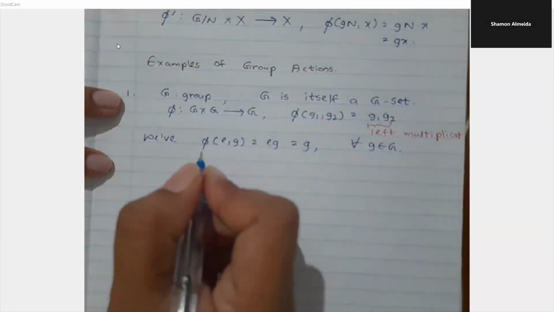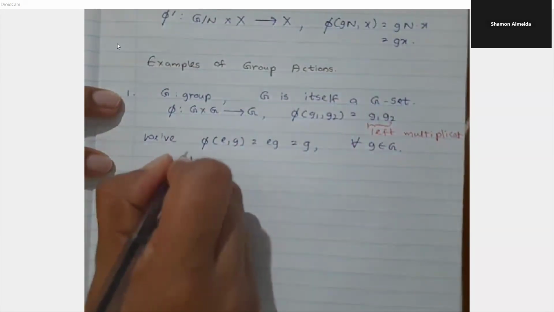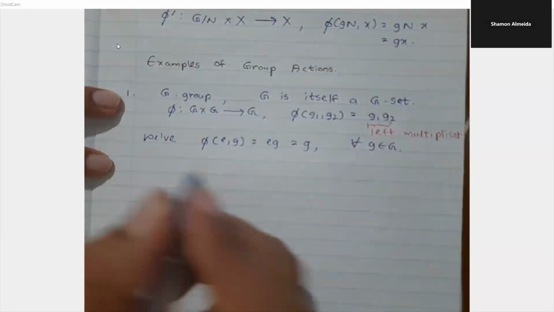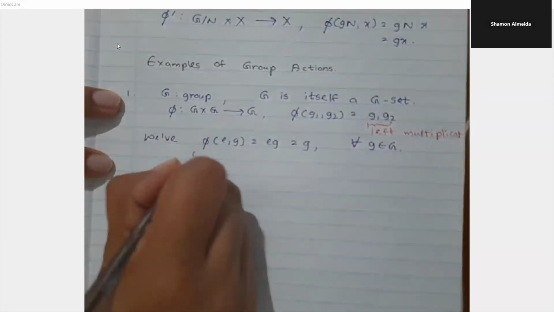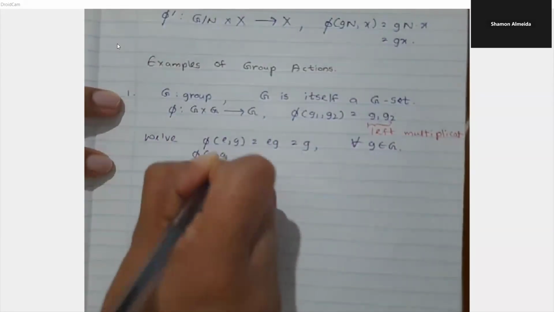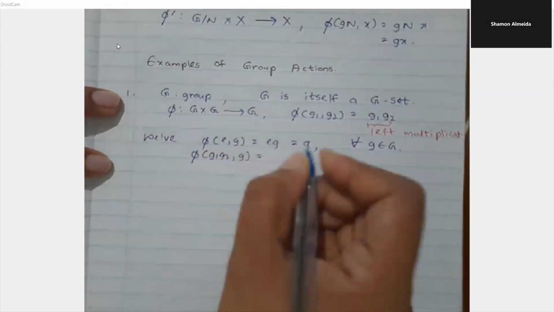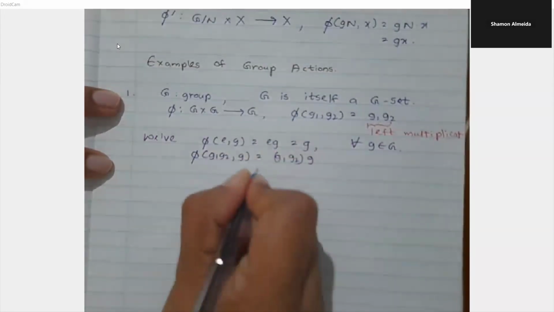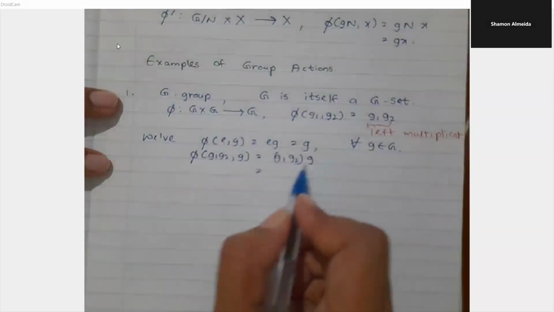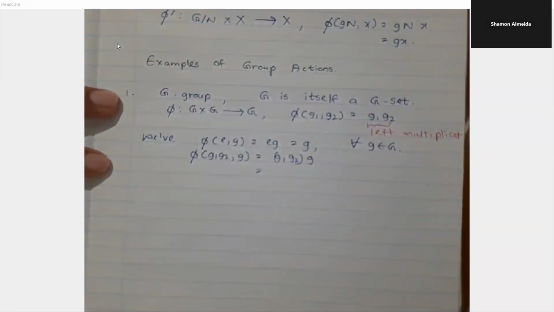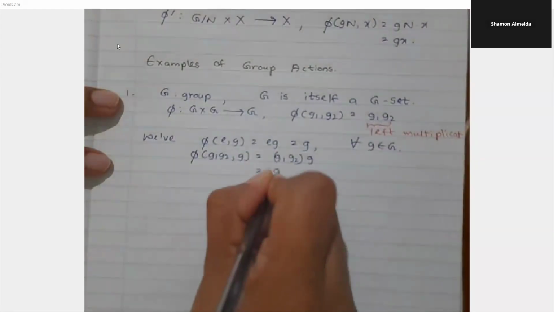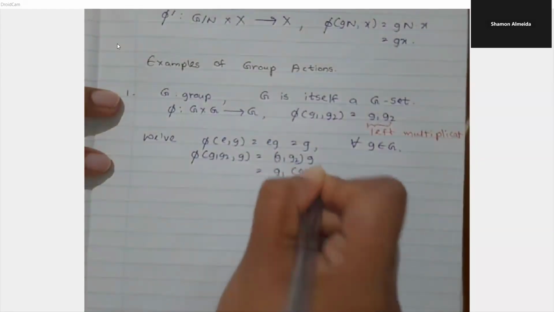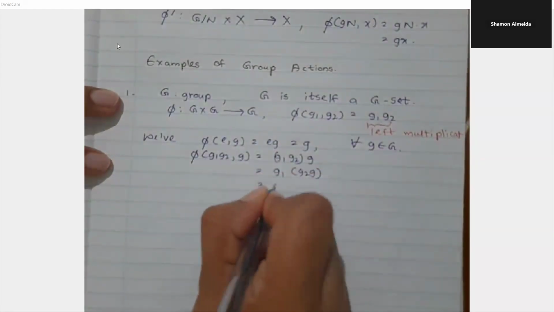And then for g1, g2, and g, all taken from this group, if we write phi of (g1 g2, g), this by definition is g1 g2 times g, and this is an element in G. So we use the associative property to write g1 (g2 g). This is equal to what?